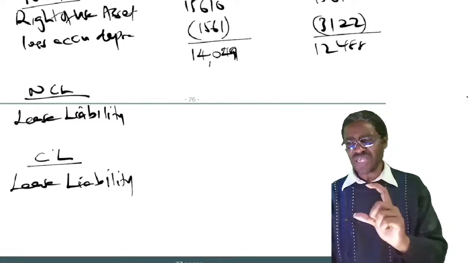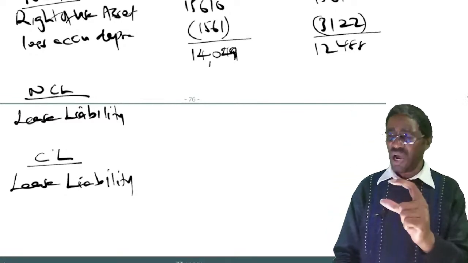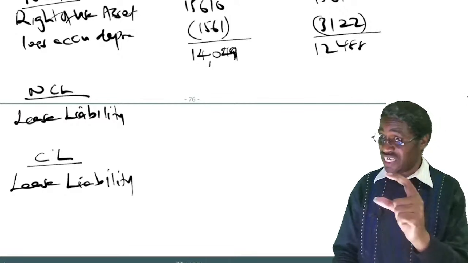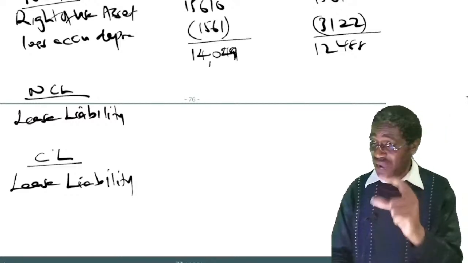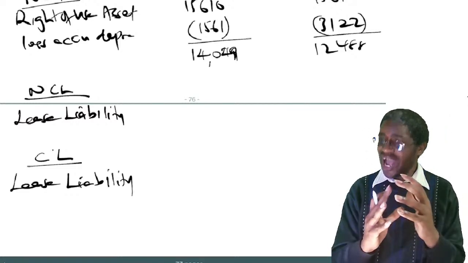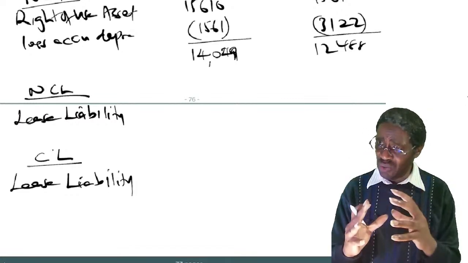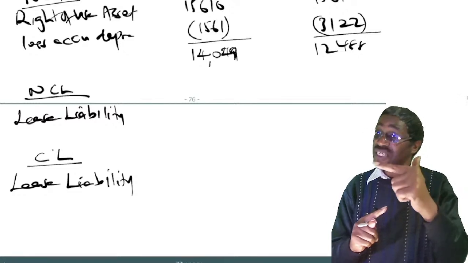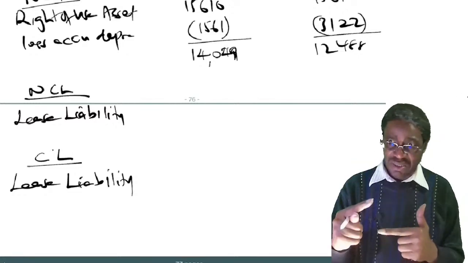So we want to ask ourselves, by end of year 1, how much was my liability? Once I know my liability by end of year 1, I ask myself again, out of that liability of year 1, how much of it is long-term and how much of it is current?